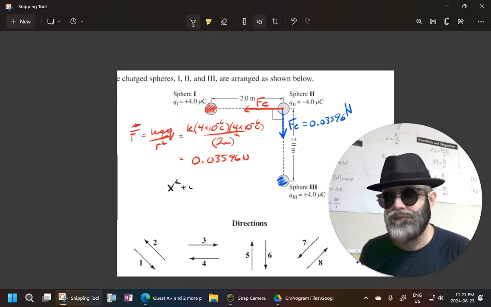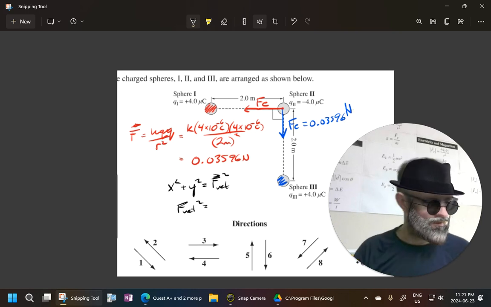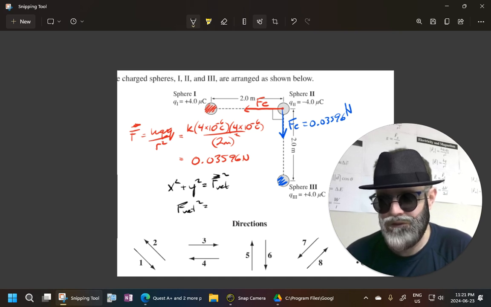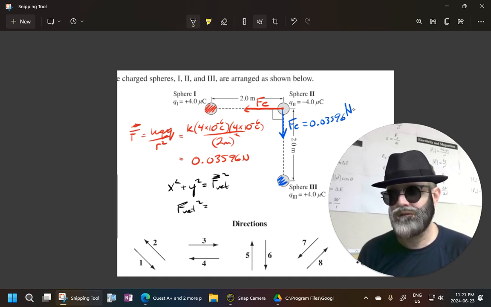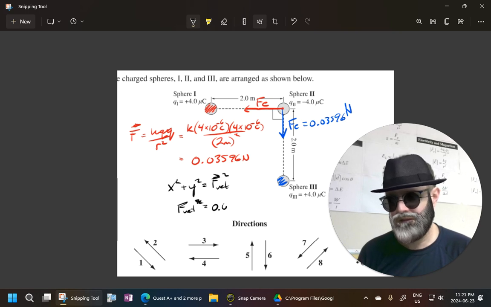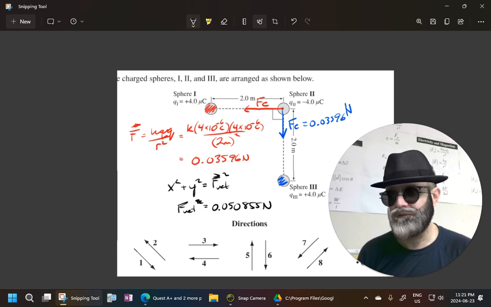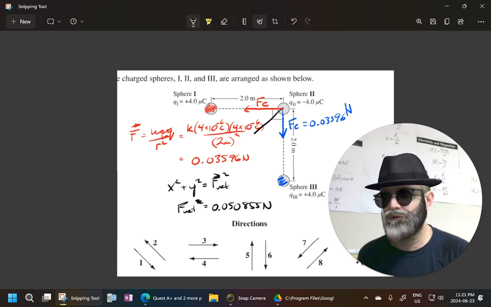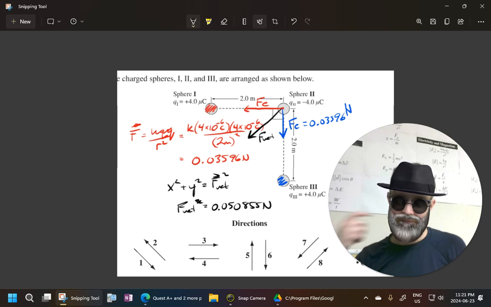So x squared plus y squared is equal to this overall net force, sorry, squared. So my F net is going to be this number squared plus this number squared. Take the square root. So I get 0.050855 newtons. And because one's going down and one's going left, my overall net is going to be off in that kind of direction there.